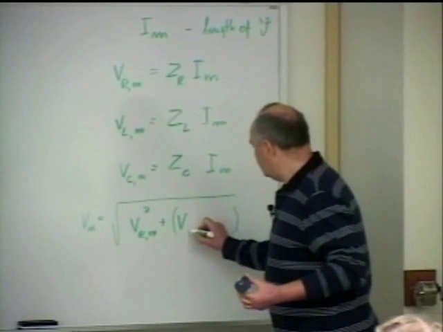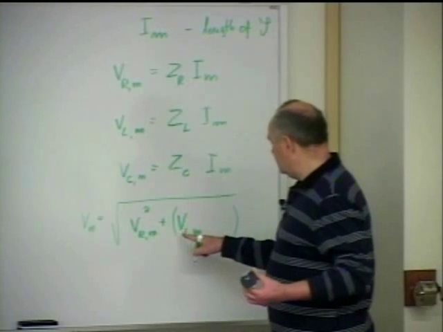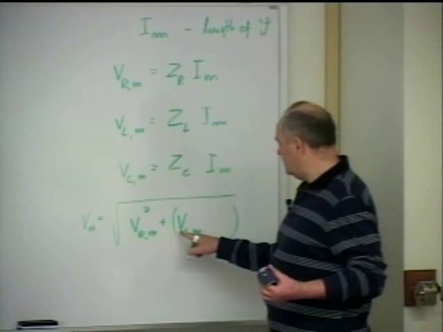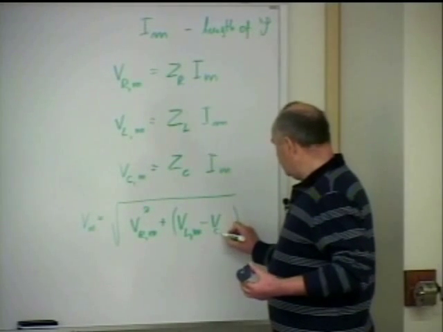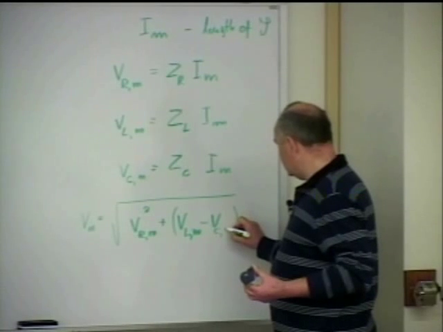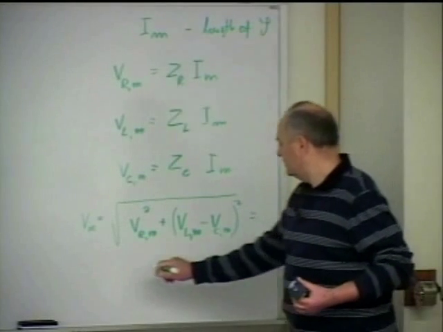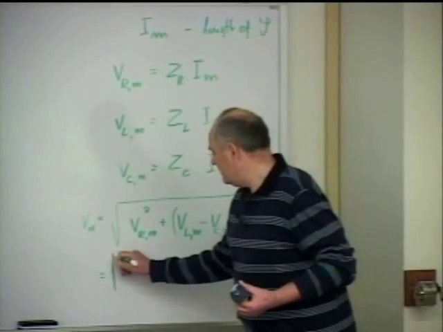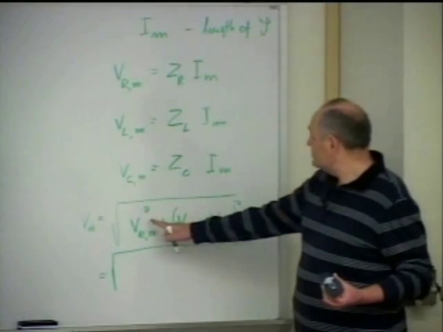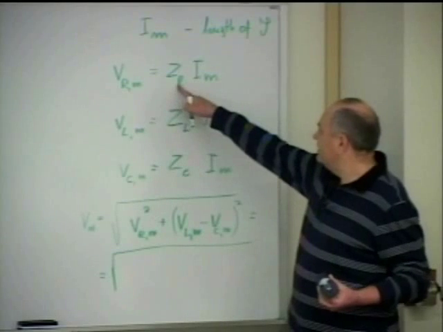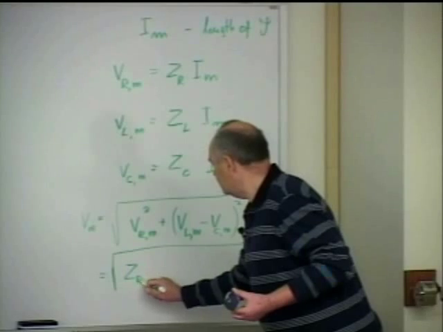So this one will give me the square of the impedance of the resistor times the peak value of the current squared, plus this one will give me the impedance of the inductor times the peak value of the current minus the impedance of the capacitor times the peak value of the current, squared.